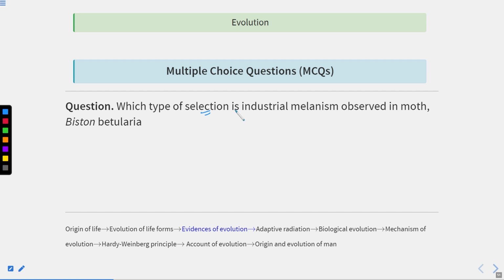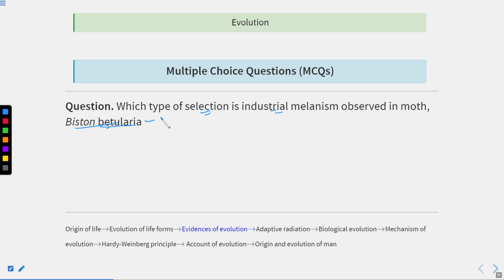Which type of selection is industrial melanism observed in the moth Biston betularia? Okay, so Biston betularia is known as the pepper moth. So you know what happened during the industrialization? The atmosphere was polluted, there was a lot of carbon deposition. So initially this pepper moth was light in color, or you can say white in color.